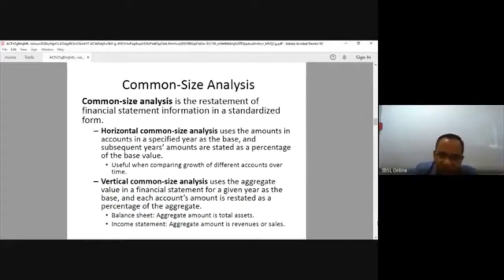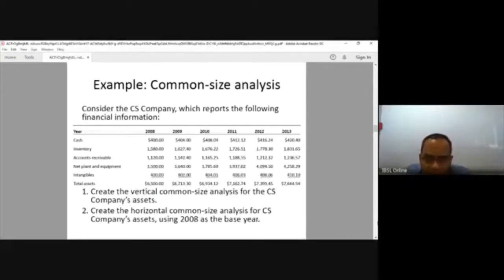So for example, if you see one company, right? Now this is how the accounts appear. Their cash, inventory, account receivable, net plant and equipment, intangible, and total assets is how much.